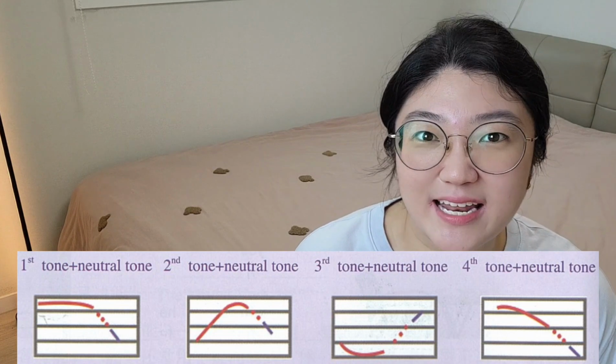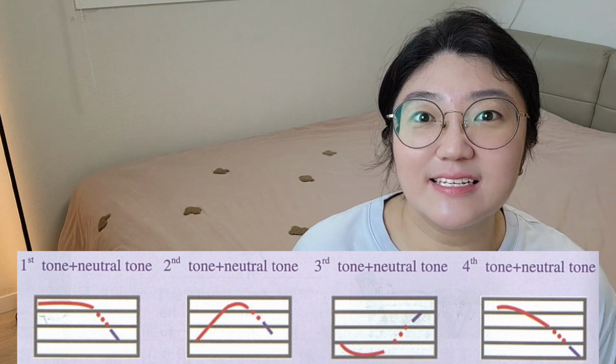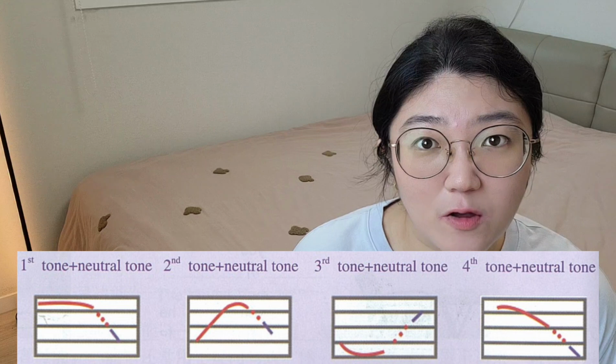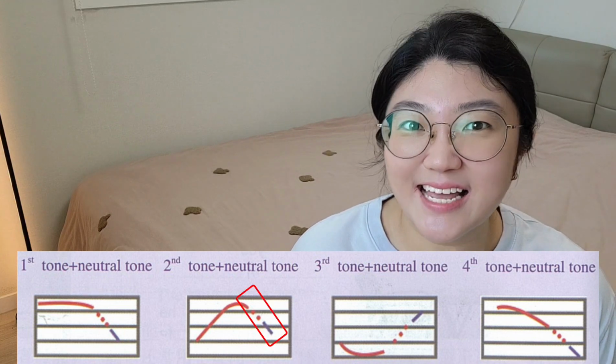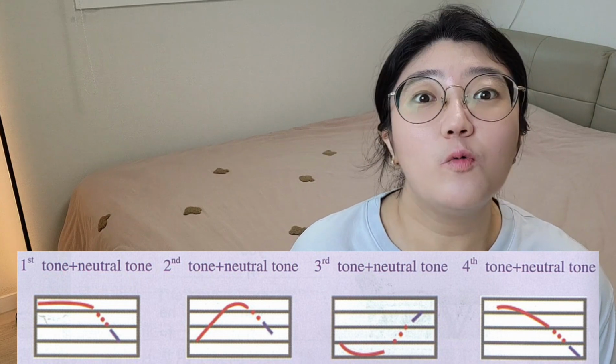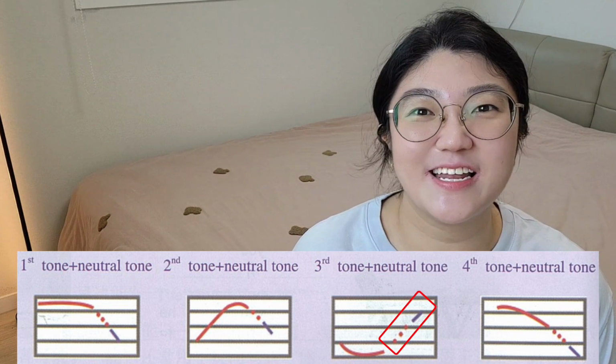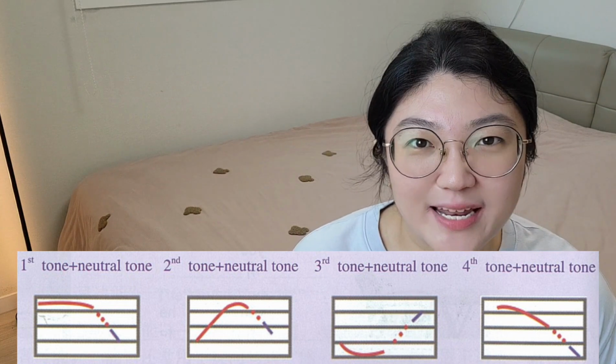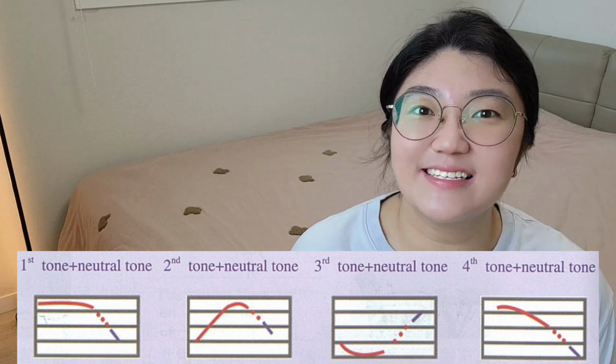Generally speaking, a neutral tone syllable is read in a lower pitch than the syllable before it if it follows a first tone, second tone, or fourth tone syllable. But when it follows a third tone syllable, it is actually read in a higher pitch than the syllable before it.